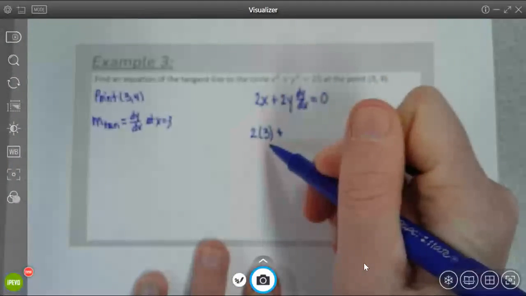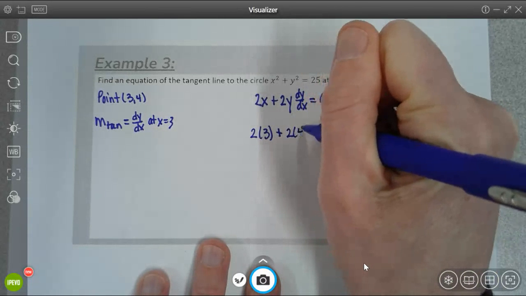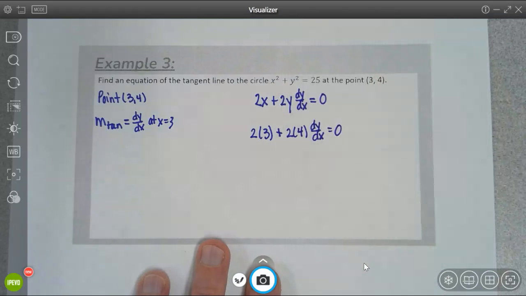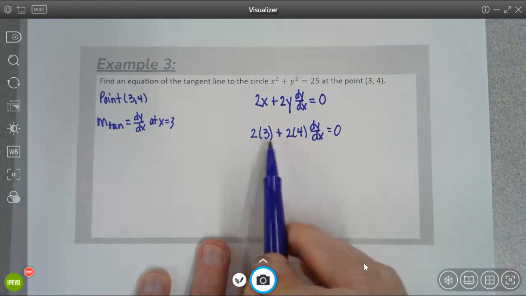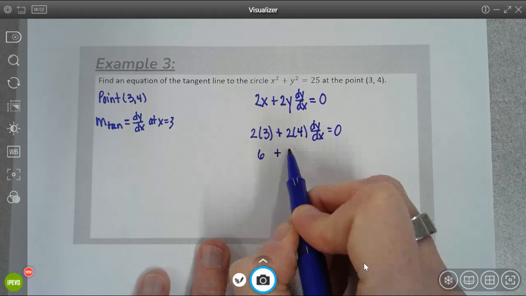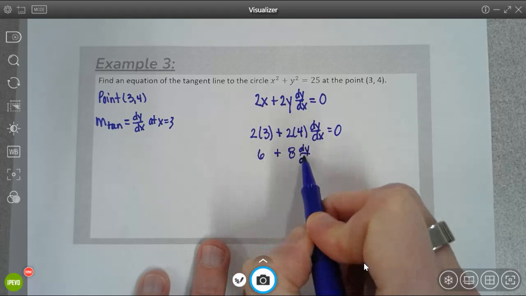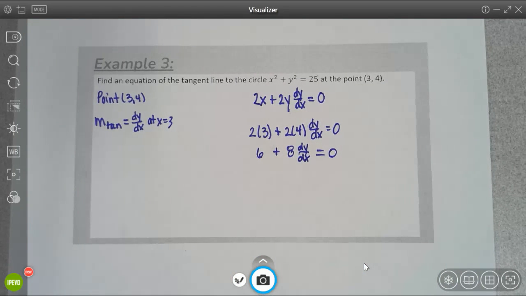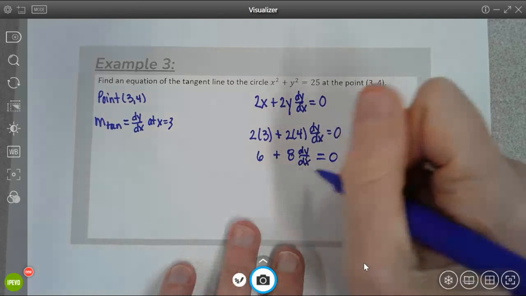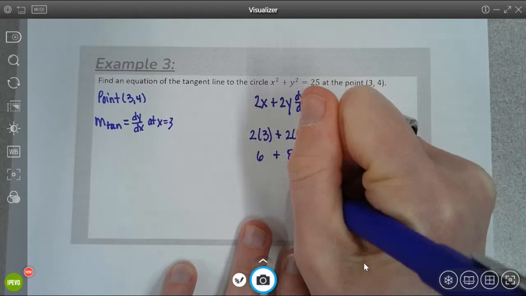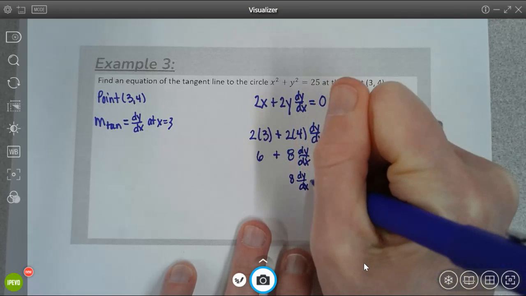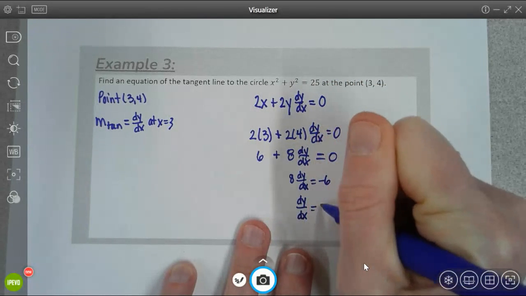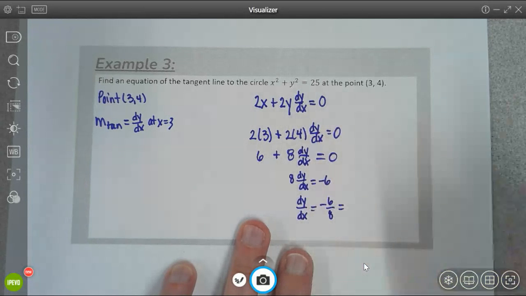So I'm going to get 2 times 3 plus 2 times 4 dy dx equals 0. I can do the math here. This is 6 plus 8 dy dx equals 0. And then I can go ahead and solve for that dy dx. So I would subtract 6 from both sides and then divide by 8. And of course, I would reduce that.